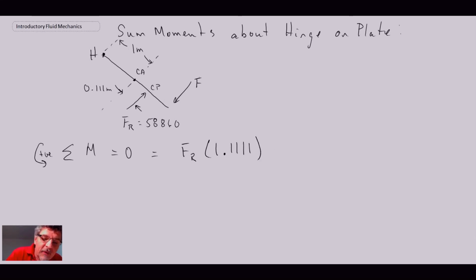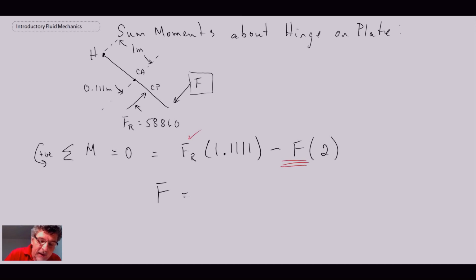And then the restoring force, or the force that's holding the plate shut, is going to be operating in a clockwise manner, and so it will be negative. And how far away is it? Well, it's the length of the plate, which is 2 meters. We get that equation there. We can then solve for the force required to hold the plate shut, which is this one, the only unknown, because we've determined that already.